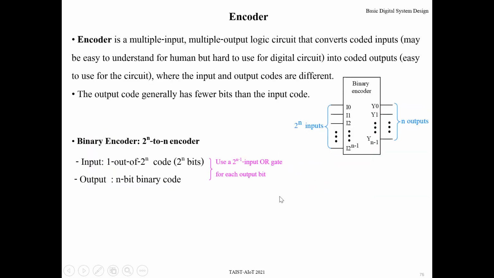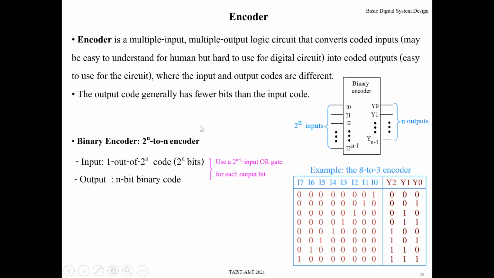The next one is the encoder. The encoder is the opposite direction of the decoder. For example, your input may be 1-out-of-n, and the output is binary code.